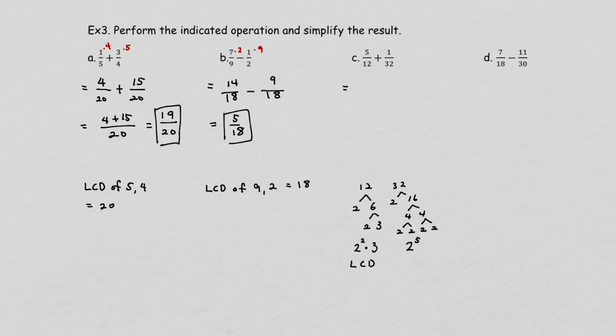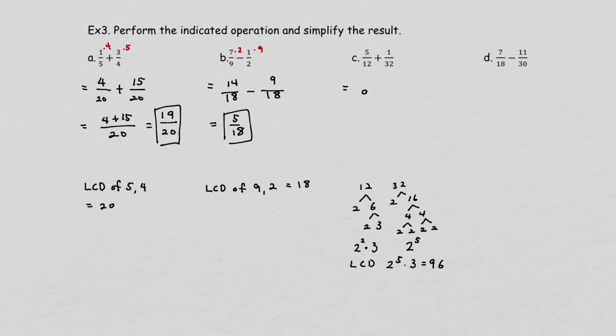You're going to use 2 to the 5th. And then you have 3. No 3 in the other one. So basically 32 times 3 gives you 96. So that's your least common denominator of 12 and 32.